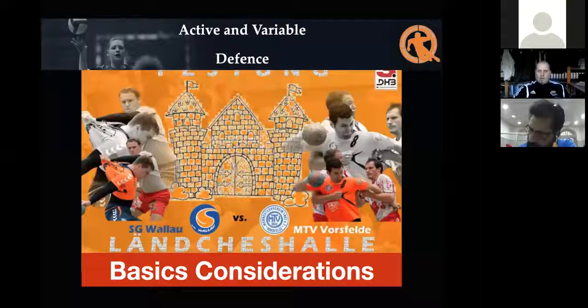And I don't know why the organizers of that game found it so attractive to have pictures like this with holding, grabbing, pulling the shirt, and so on. So maybe they wanted to attract some spectators because of the fighting on the court.